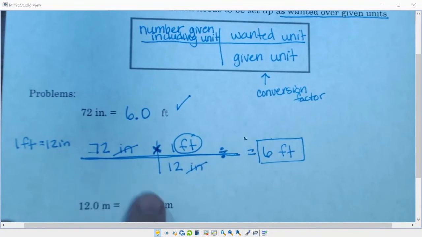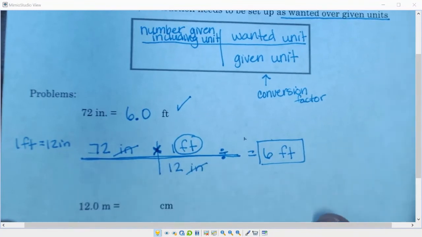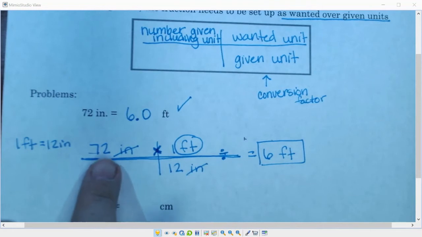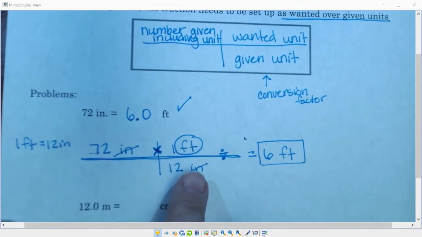And I know that seems like a lot of work for something that should be pretty easy, but when we start using units that you're unfamiliar with, or units making a conversion between something where there's not a direct link, for example, inches to feet, we know that it's a 1 to 12 ratio.